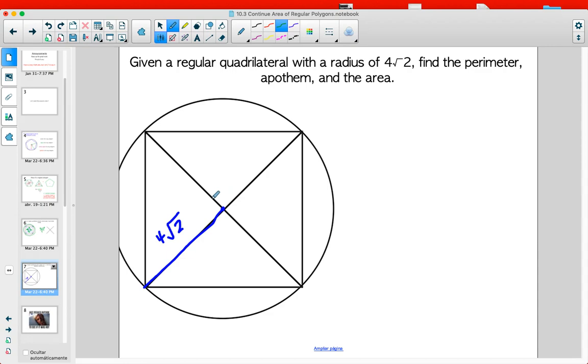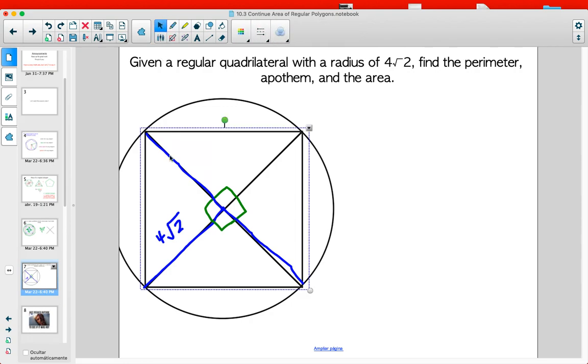So again, we do 360 divided by 4 because there are 4 congruent angles, and that's 90. And so that came from the example before. So this part right here is 90. This is 90, 90, 90, 90. In fact, all these radii right here in blue are 4 radical 2. All of them. So this is 4 radical 2, 4 radical 2, 4 radical 2, and 4 radical 2.